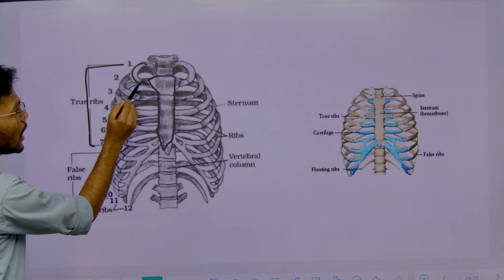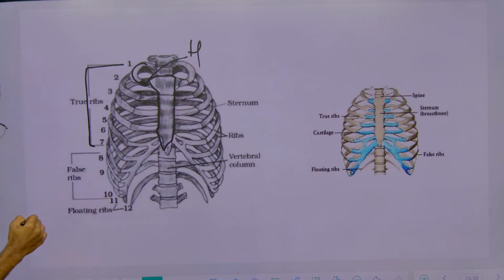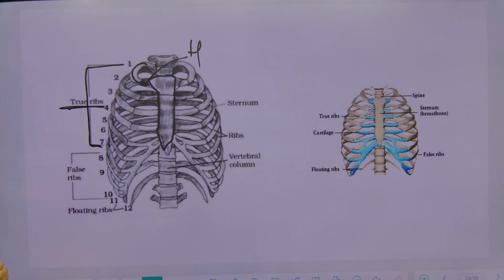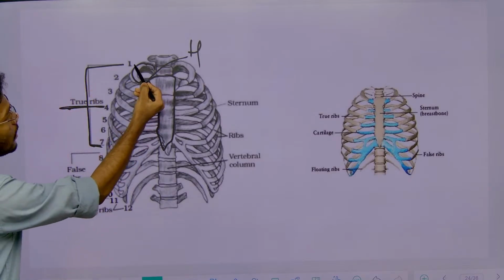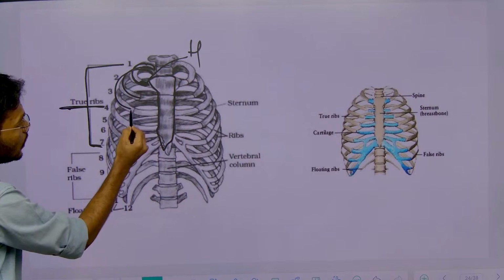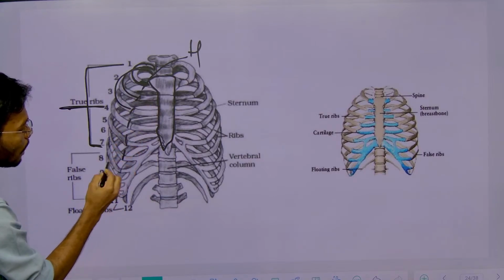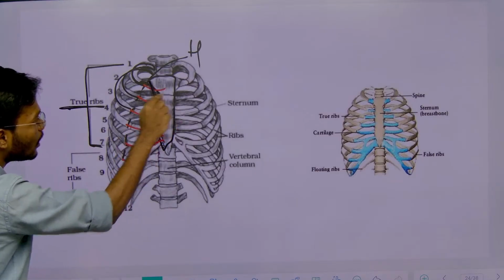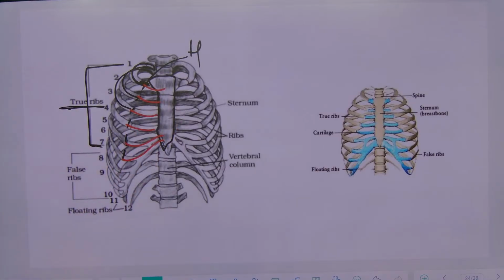What is that cartilage? Hyaline cartilage. From 1 to 7 are called true ribs. Why are they called true ribs? Because all these true ribs arise from the back side, from here and from here to here, and they are connected to the sternum via hyaline cartilage. True hyaline cartilage is present. So that's why these 1 to 7 are called true ribs.